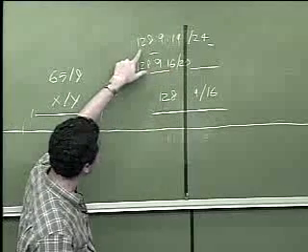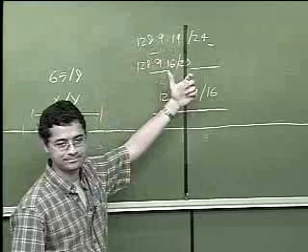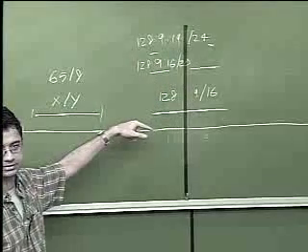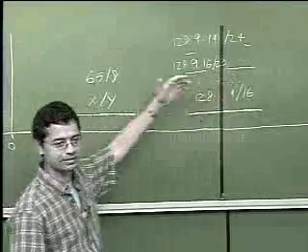You have another address which is 128.9.19/24. These three line segments overlap, and they are all valid addresses on the internet.